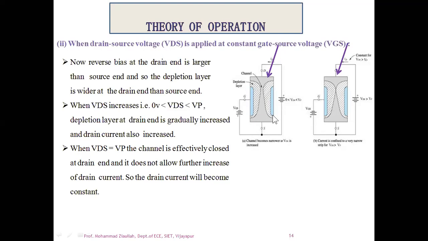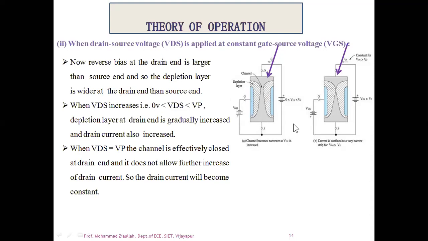It is greater than zero. So if any voltage is greater than zero for this constant value, then the depletion region becomes wider at the drain end.